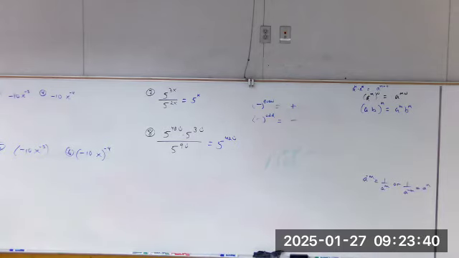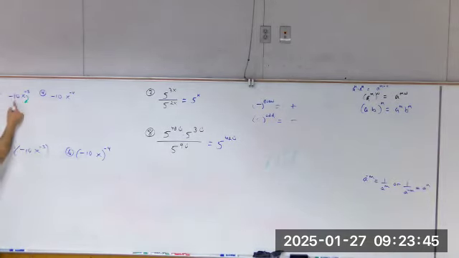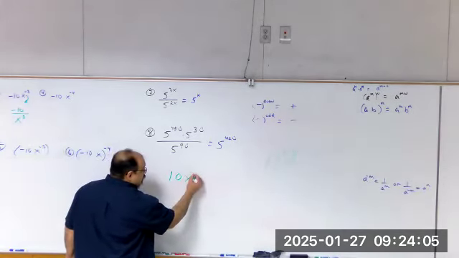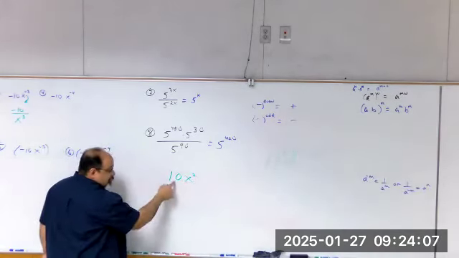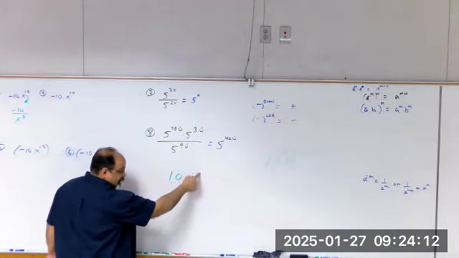So since x has a -3, we're going to flip that down. -10 stays put. Flipping down is now x to a +3. And that's all that's going to happen. Nothing can reduce. There's no parentheses around a 10 at all. If you had 10 times x squared, that squared does not apply to the 10 whatsoever, because only x is being squared.